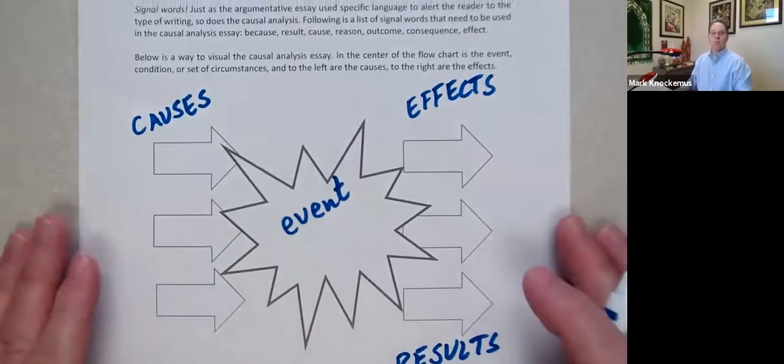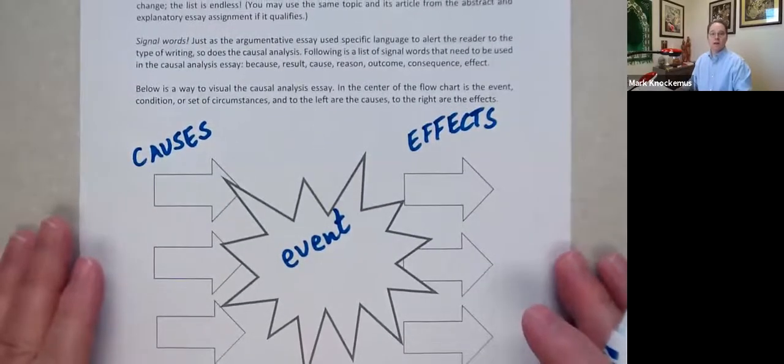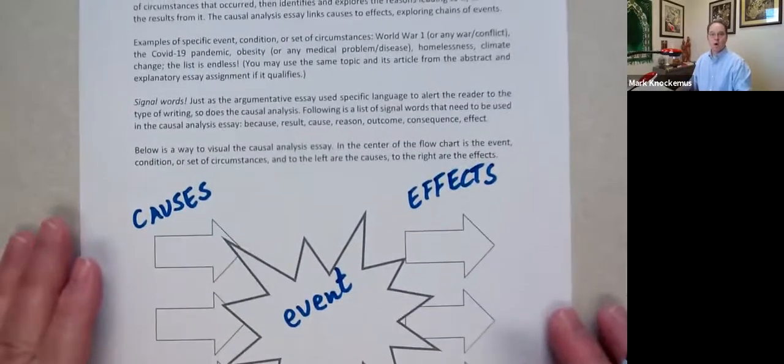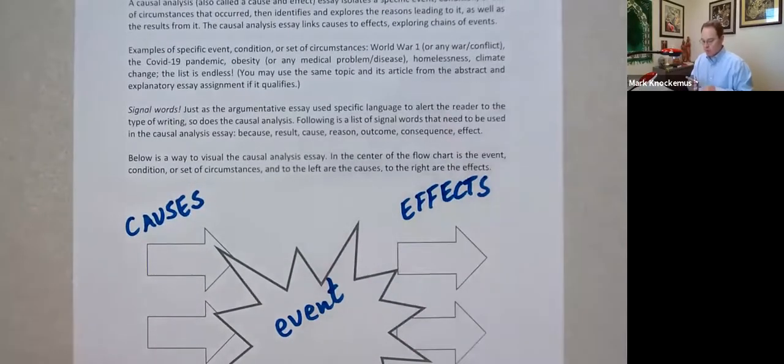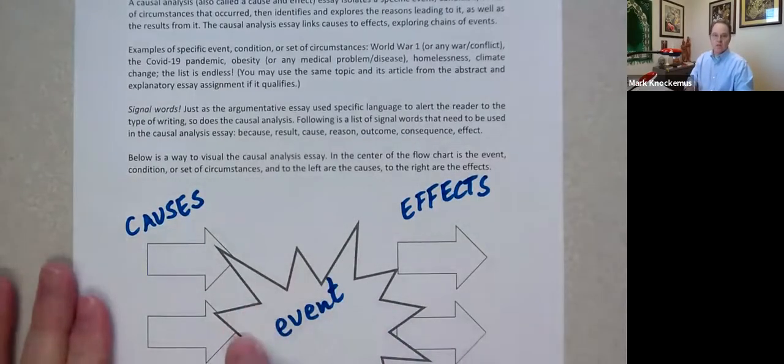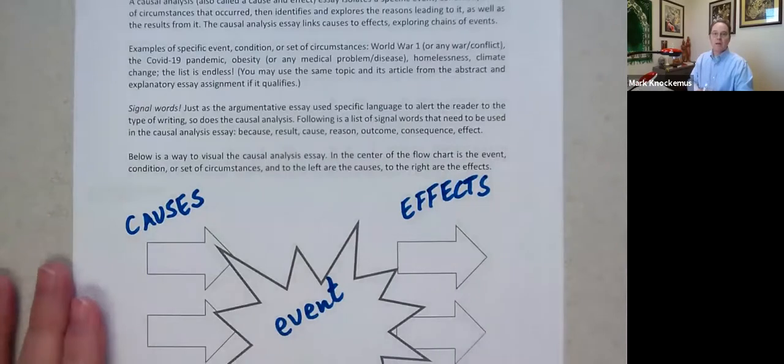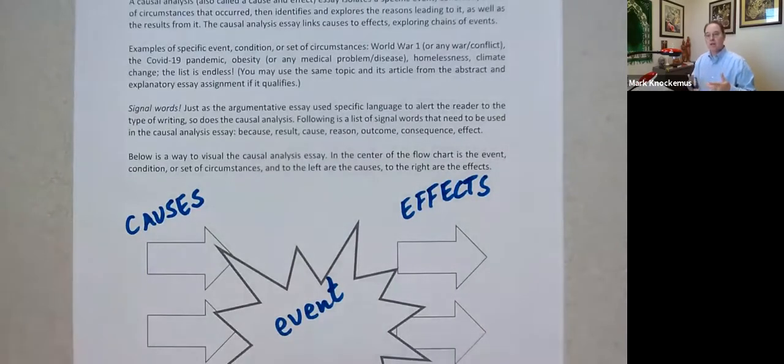This paper, writing a causal analysis, is quite common in history classes, right? For example, you could use any war or conflict as your event. Also common in sociology, psychology, science classes as well.